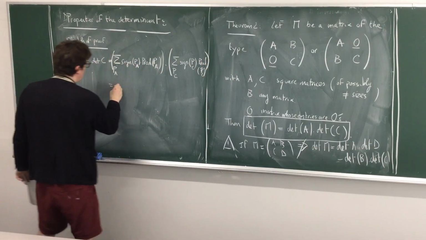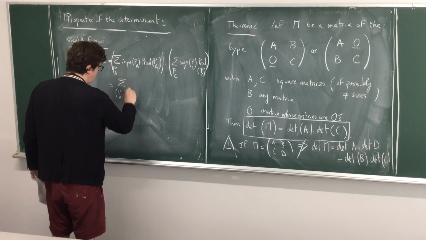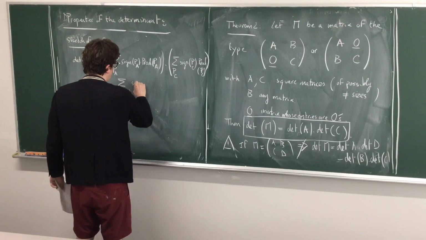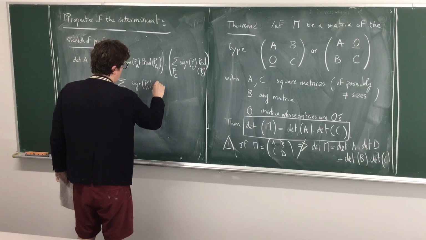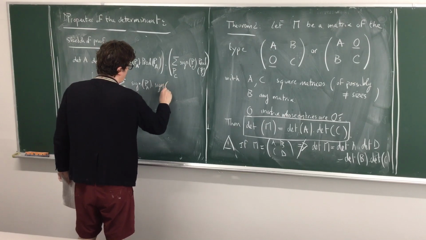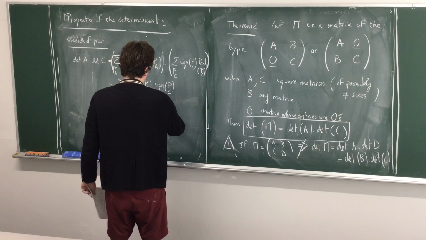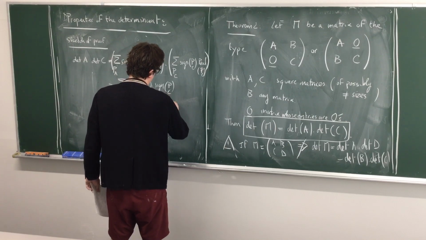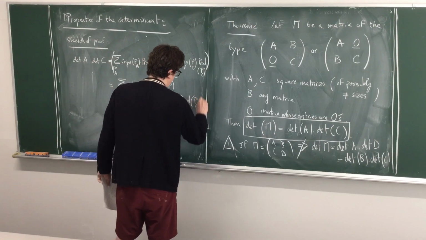And so you can write this as the sum over all possible pairs PA-PC of the sign of PA, let's put the sign together, sign PC, and then we have product PA, product PC.